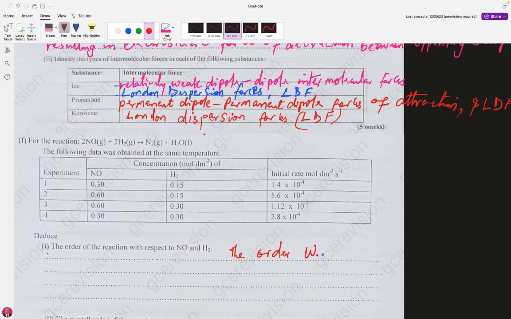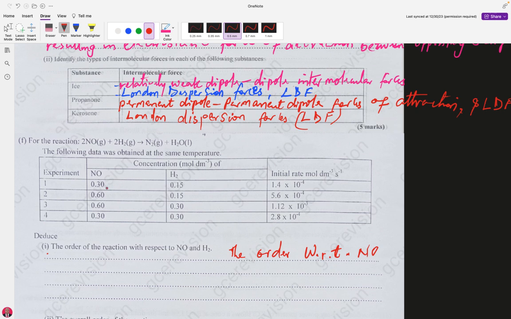How can we do that? We have to keep hydrogen constant. Where is hydrogen constant? Hydrogen is constant here on the third and the fourth experiment.